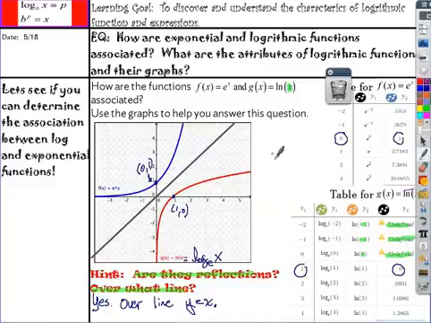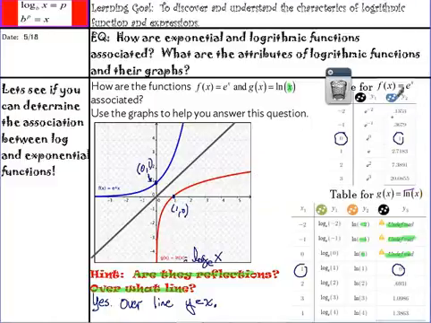So if I switch those x and y coordinates, then because this is the graph of the exponential function, (0.1353, -2) is going to be a point that is on the graph of the natural log of x.